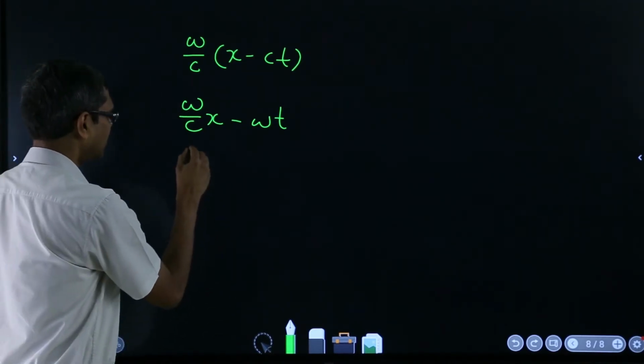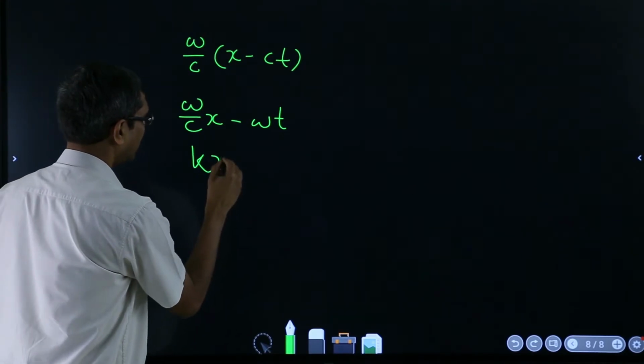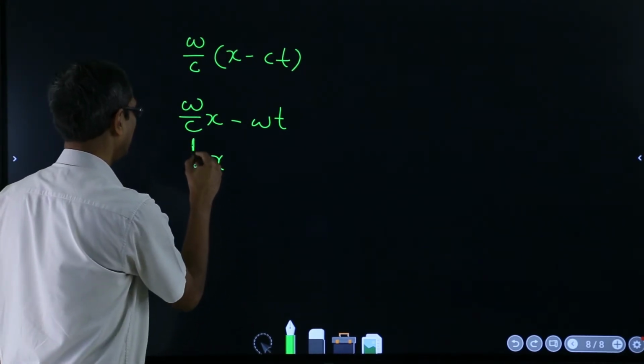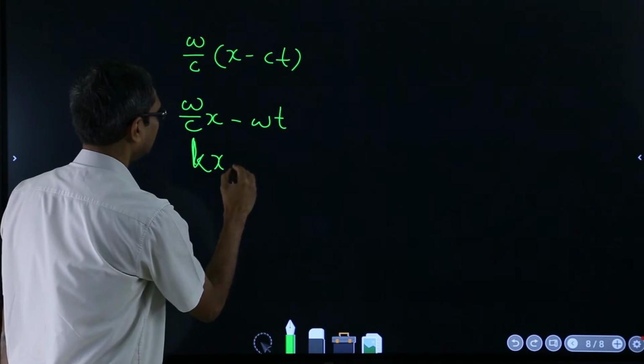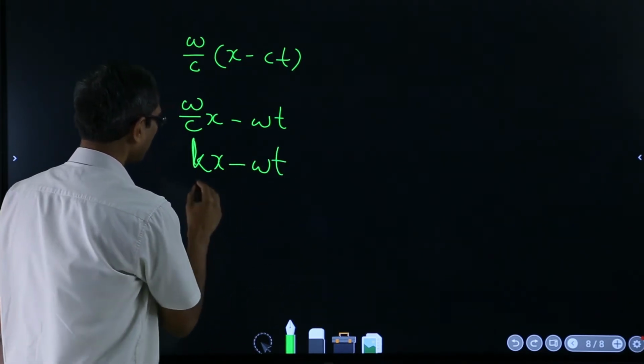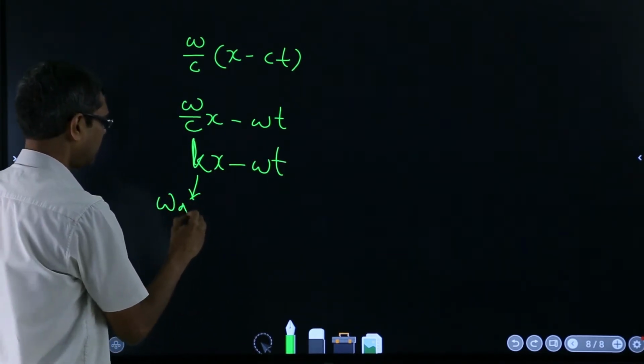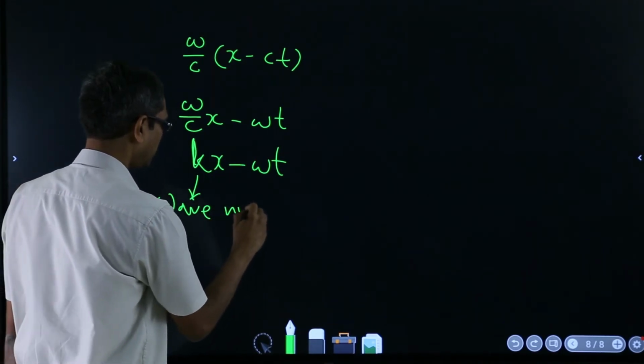We generally write k x, small k, x minus omega t, and this is called the wave number.